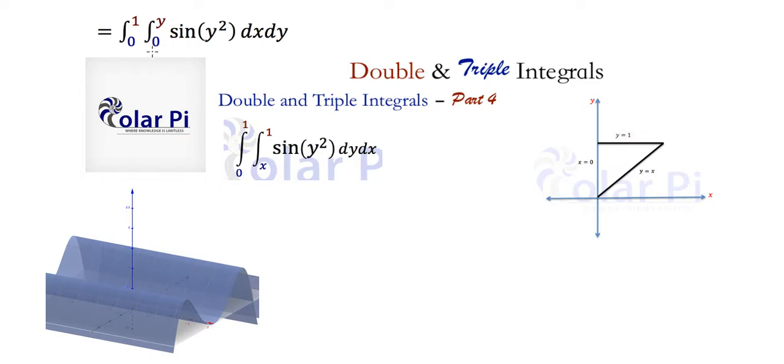Crucially, since we have to start with this inner integral, 0 to y sine of y squared dx, the integral is going to be x times sine of y squared evaluated from 0 to y. So we write this here, and then, as I said earlier, we have a dy there, and then 0 to 1.